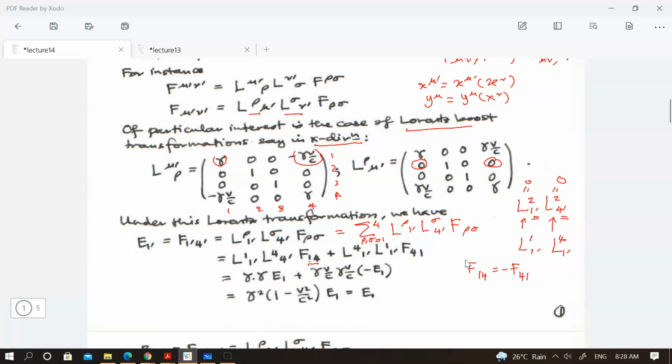So you plug those in, but now you have to remember that this also has certain quantities there. L11 dash, let's look at that. L11 dash is gamma, and L44 dash is also gamma, so you get gamma squared. And then what is L41 dash? L41 dash is this one.